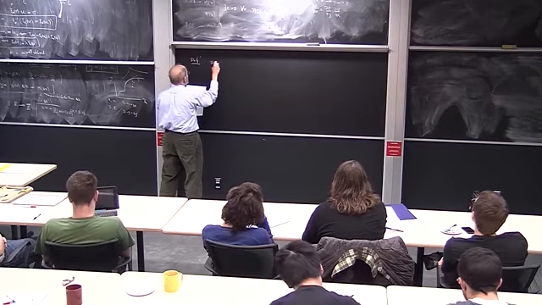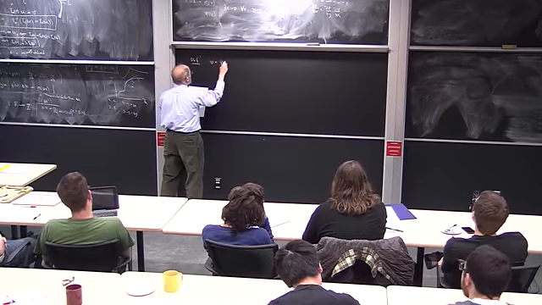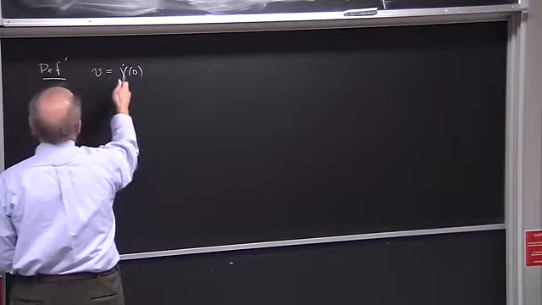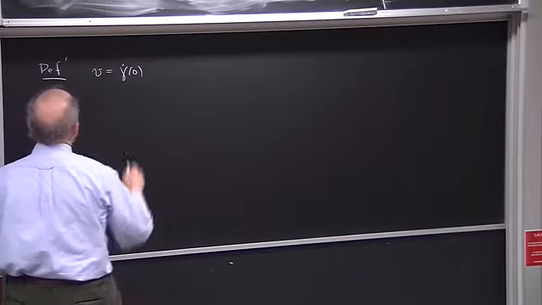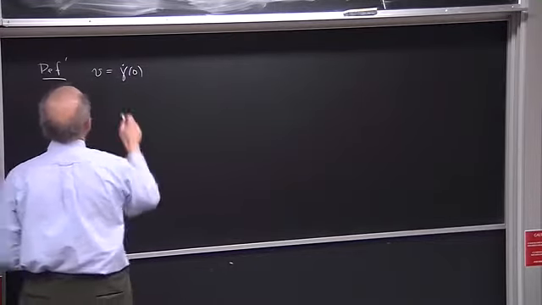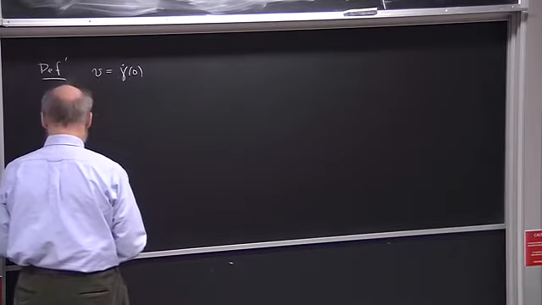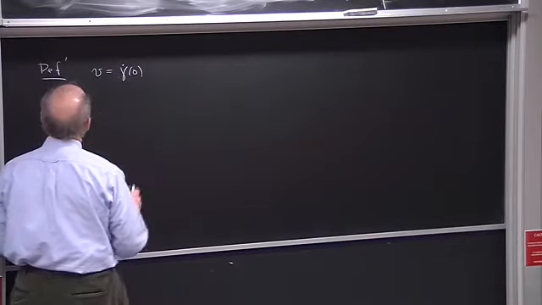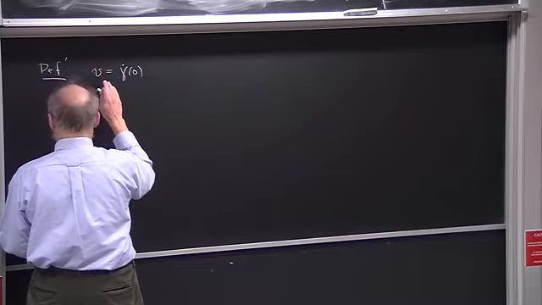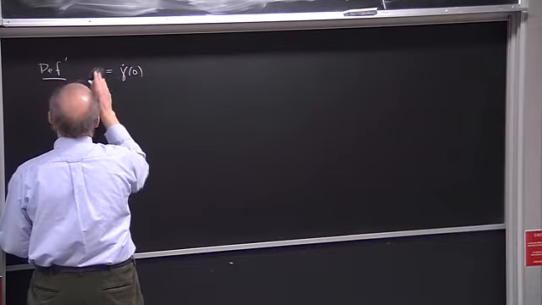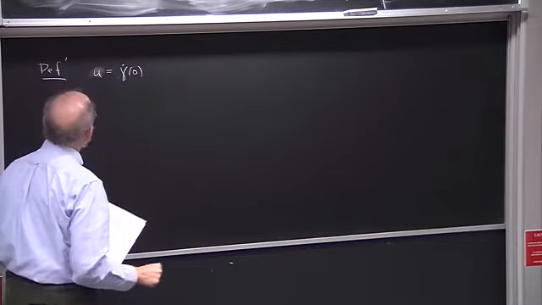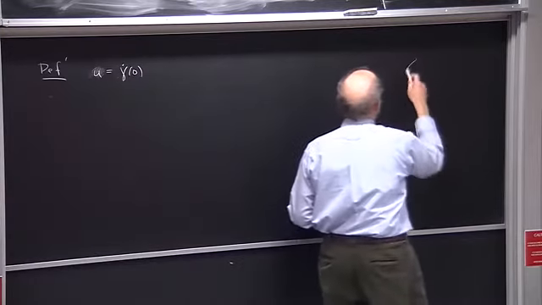If V is gamma dot of 0, in other words, gamma is, we're back to the manifold then. So V is the vector, I guess you call it U. Here was my manifold.